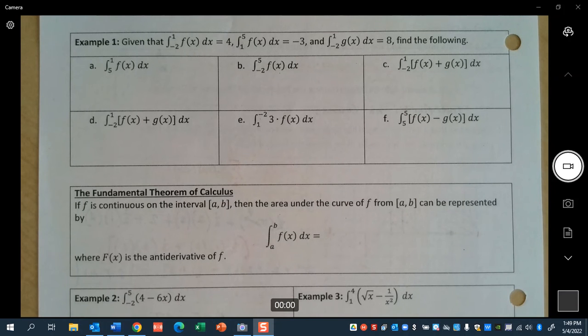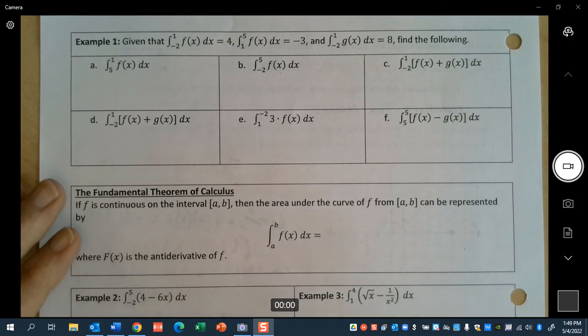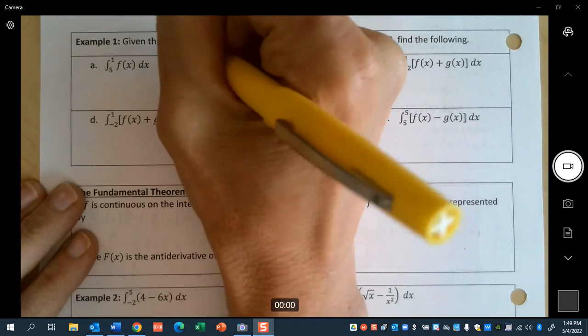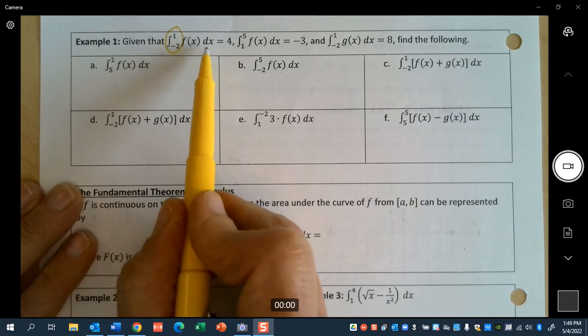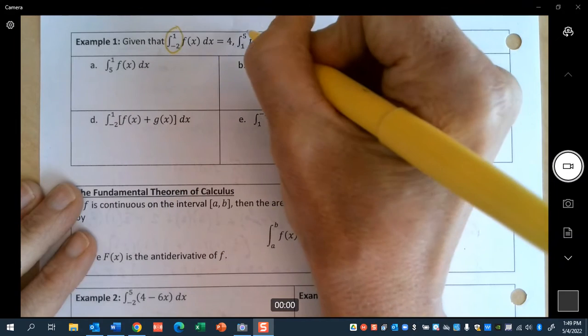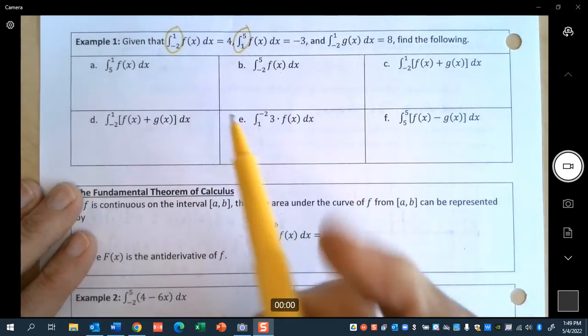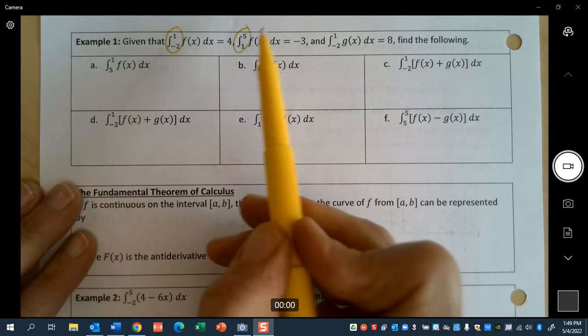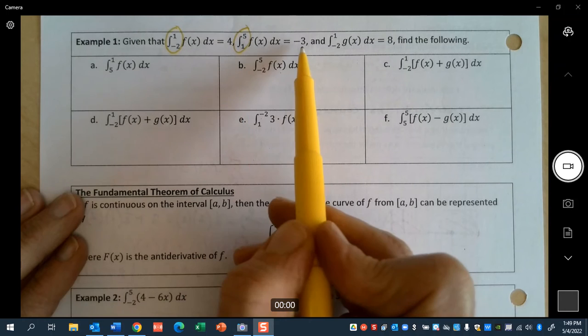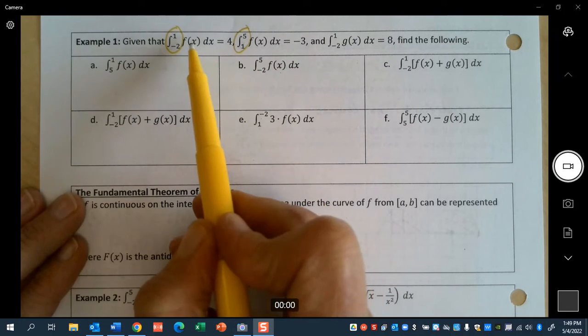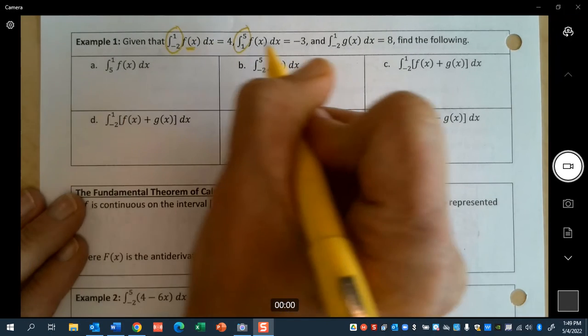So on this side, we can go ahead and work through some, okay? So what's interesting here is I want you to take a look at each of these integrals. The integral of f of x dx is equal to 4. The area under the curve from negative 2 to 1 is 4. The area under the curve from 1 to 5 is negative 3. Keep in mind these are both the same function, f of x.